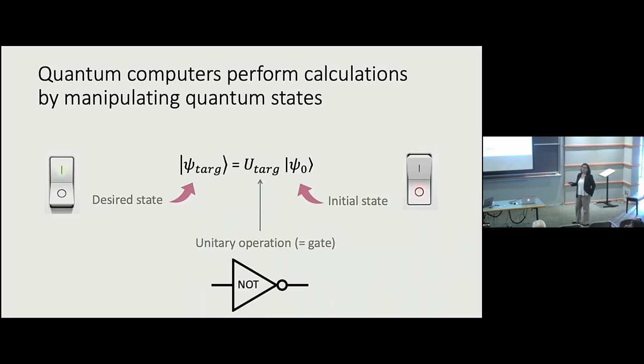A quantum algorithm is nothing else than a concatenation of unitary transformations on a quantum state. And of course, I put here this classical NOT gate, but for a qubit, the NOT operation will actually flip the qubit, not just negate it like that, but okay.